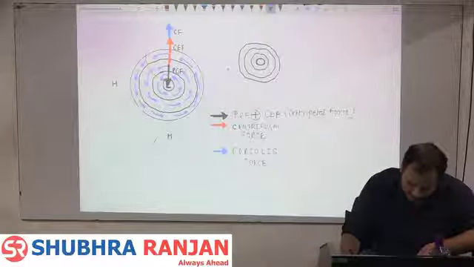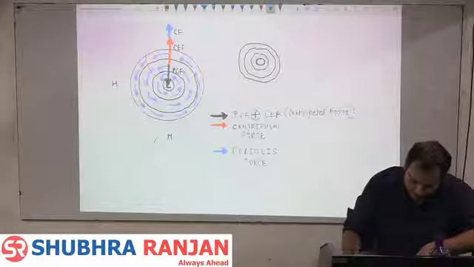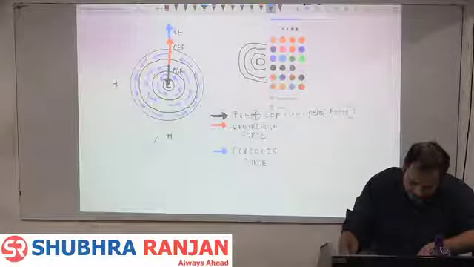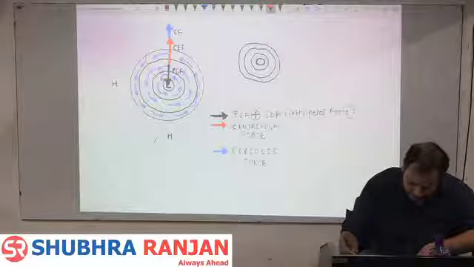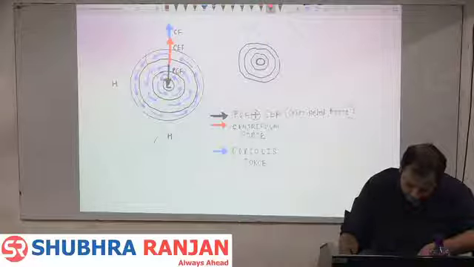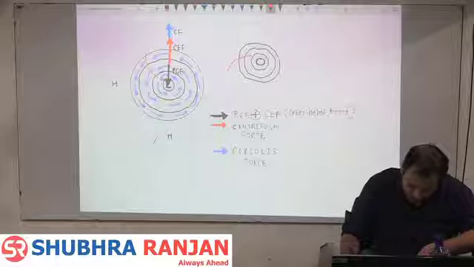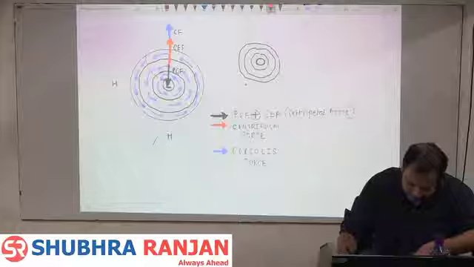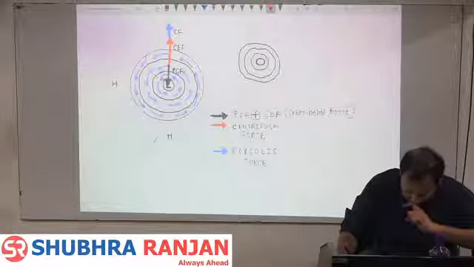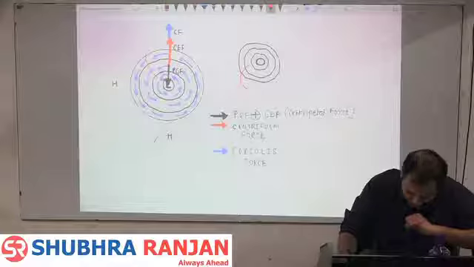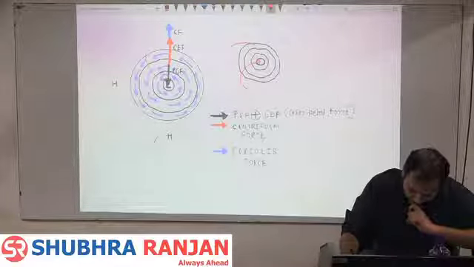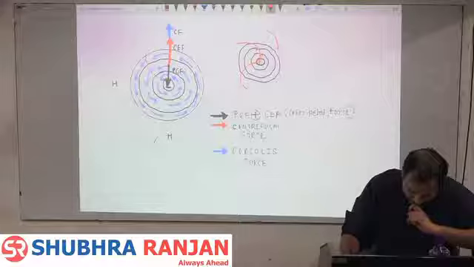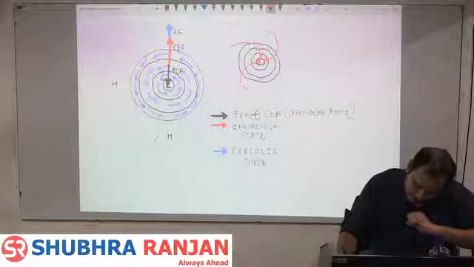While in the southern hemisphere, as the Coriolis force deflects the winds to the left, the pressure gradient force will pull the winds inwards.